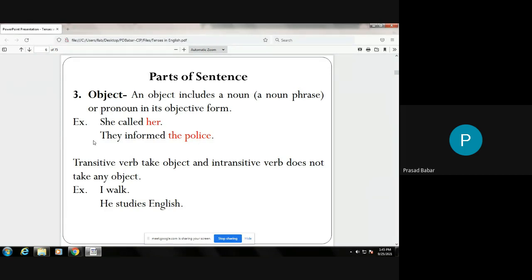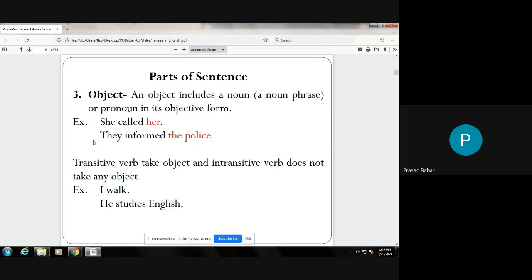So objective case of you will be you itself. Then objective case of he is him. She, her. It, it. It will remain it, and they will become them.